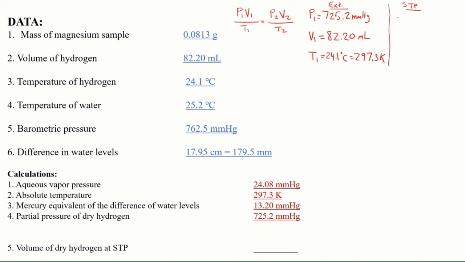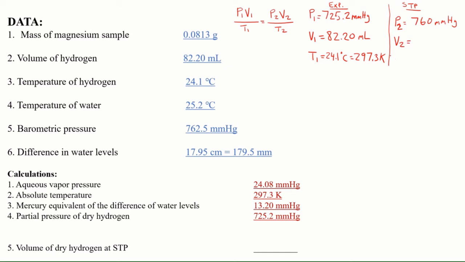This is standard temperature and pressure. So the standard pressure is 1 atmosphere, which is 760 millimeters of mercury. We are looking, oops, this is not 1, this is 2.